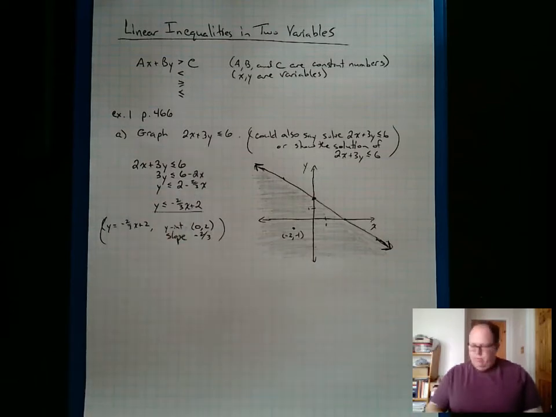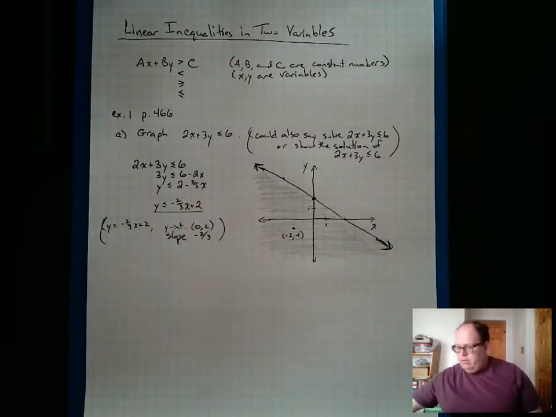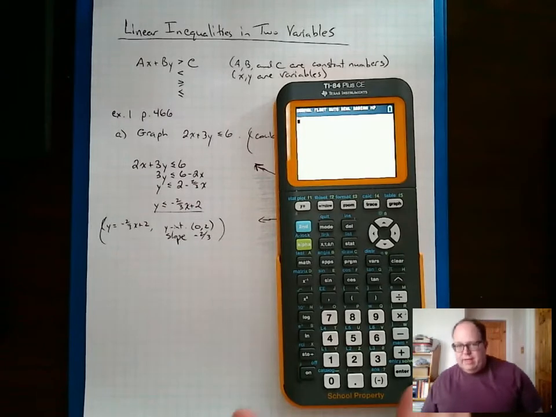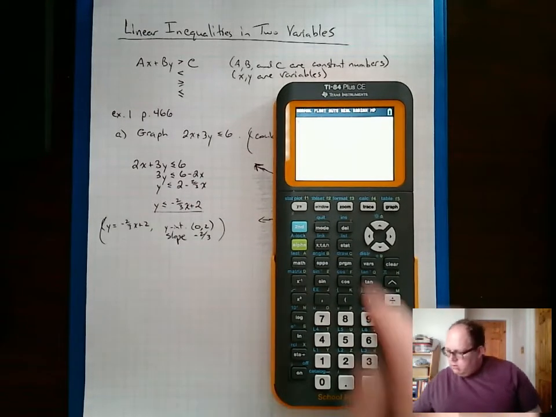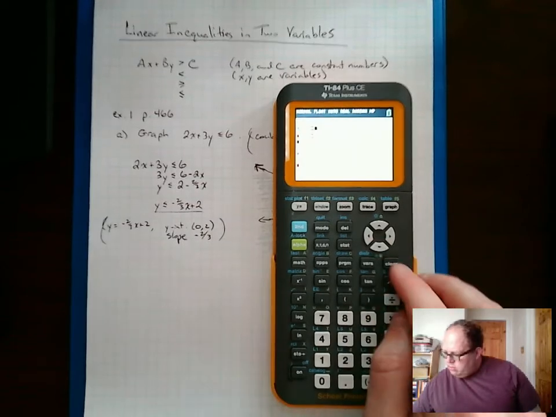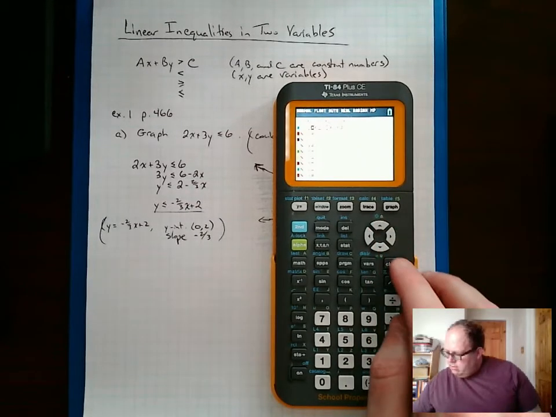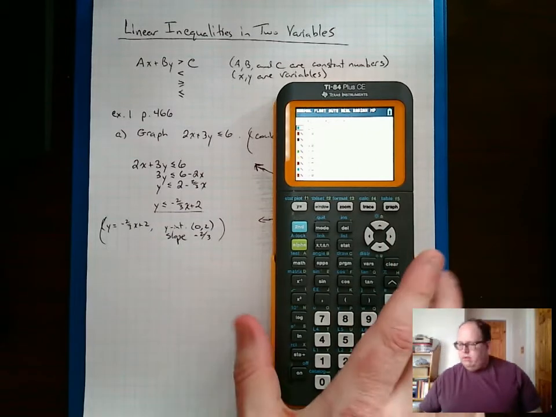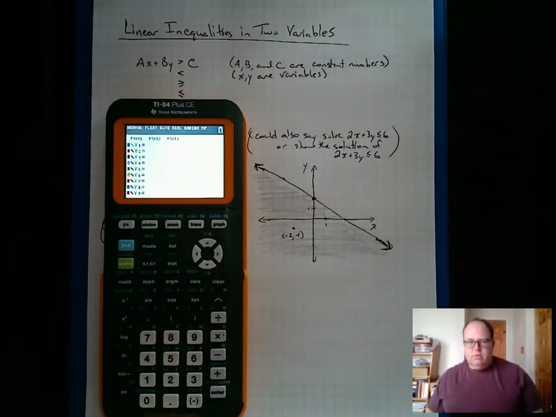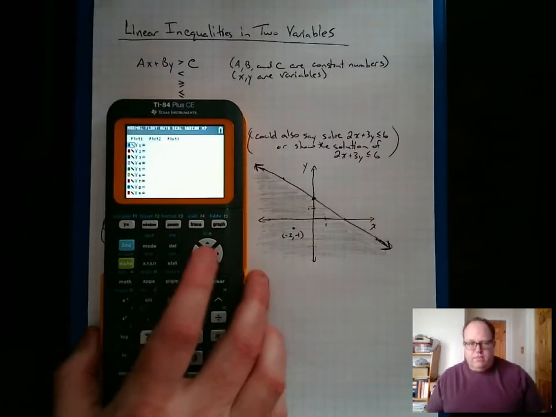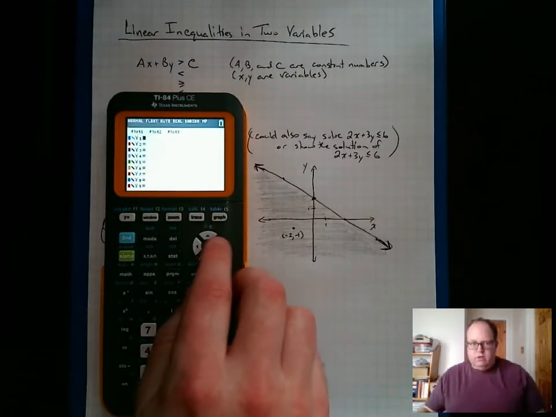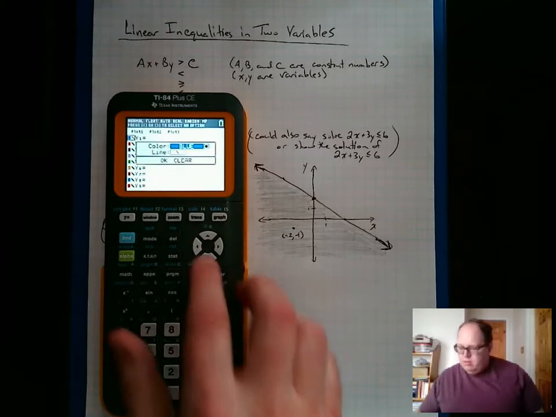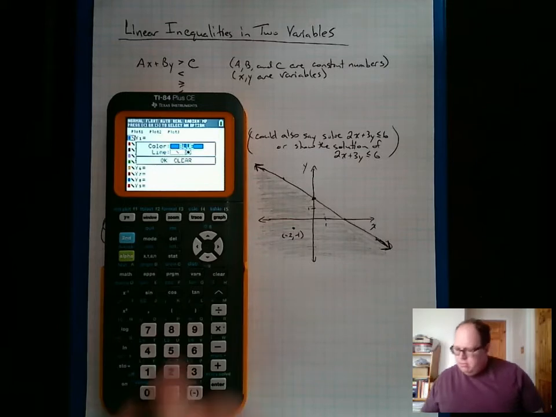As an aside, I will mention you can also graph these on your graphing calculator. We'll just quickly look at that right now. So if I go to y equals, I'll get rid of these things for now. If I go into my graph and I move over to the far left, hit enter, what it lets me do is adapt what the line setting is.